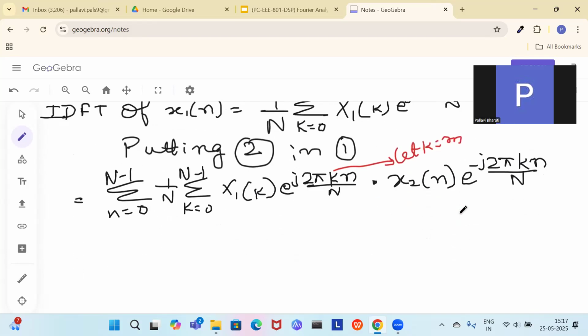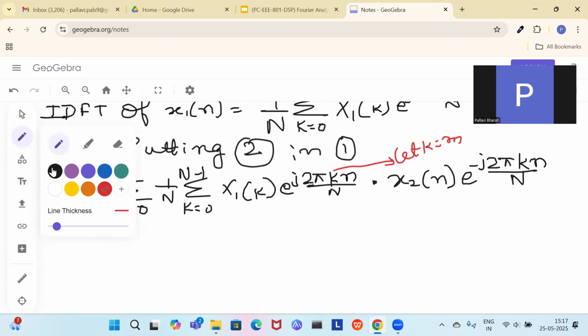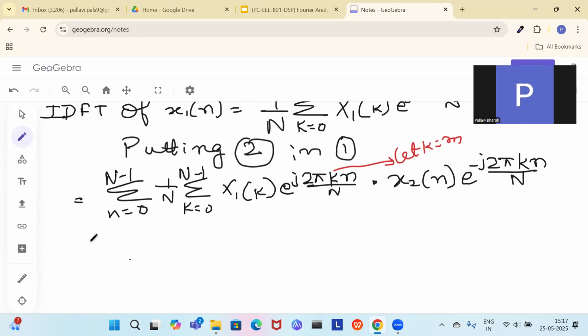Fine. Now we will rewrite it, and also at the same time we are going to rearrange it. So what we are going to do is this 1 by N, firstly we are going to take it out. Then we'll write n equals 0 to N minus 1.